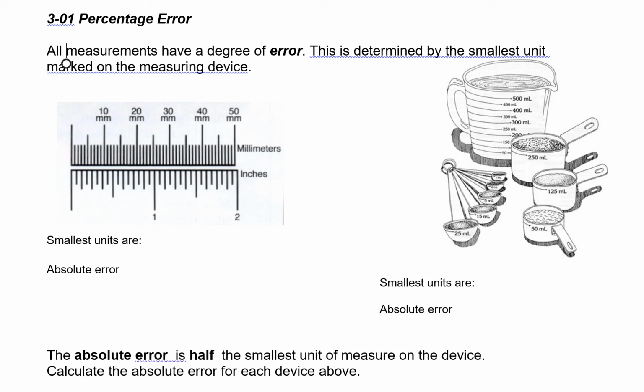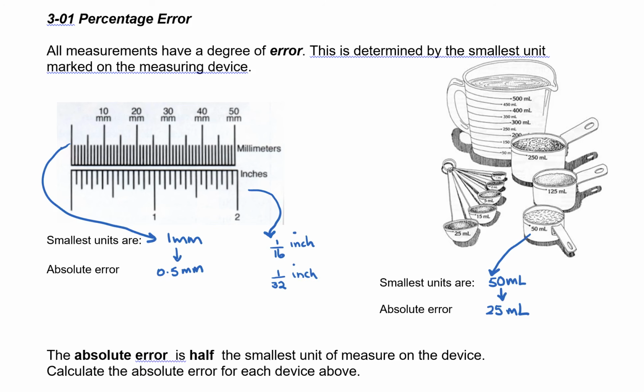So the error is determined, like I've just said, by the device, and in particular the smallest marking on your device, which is referred to as the precision, or how precise your device is. And then, of course, the absolute error is half the precision.